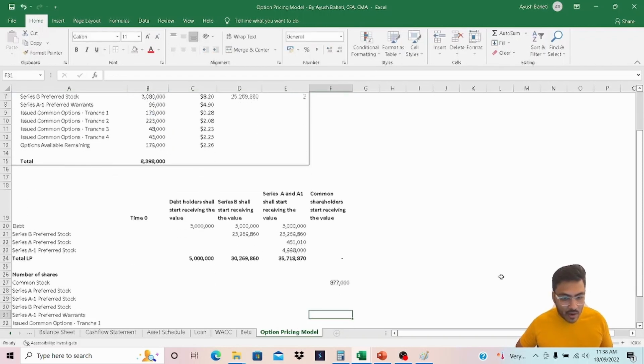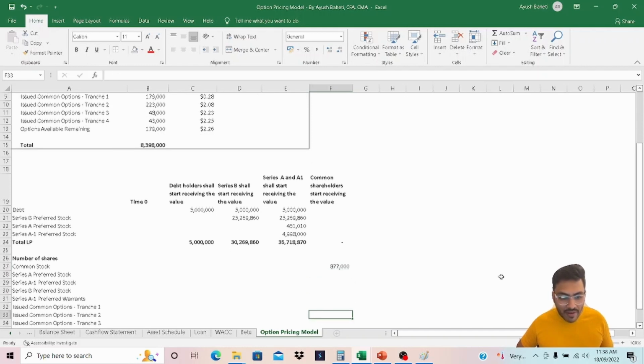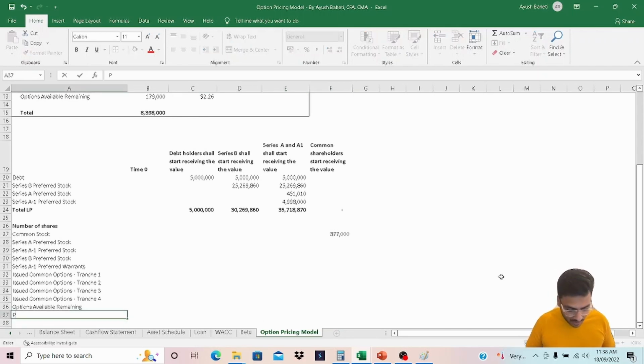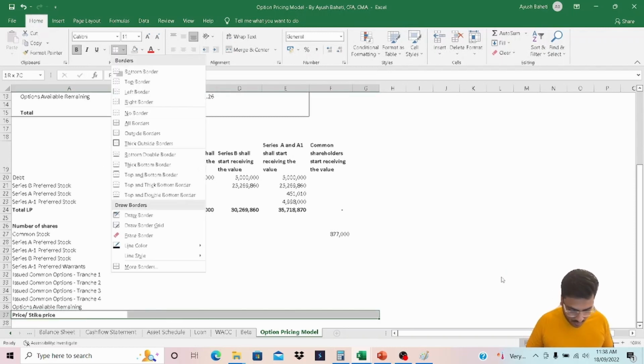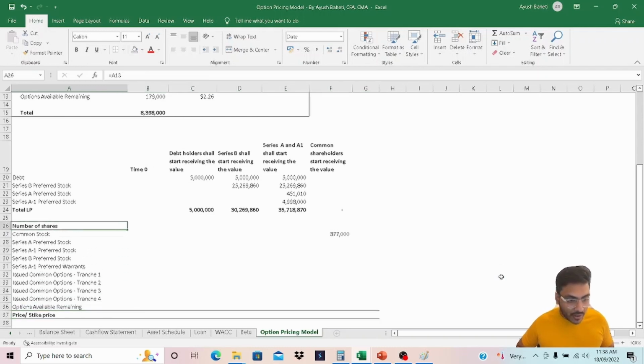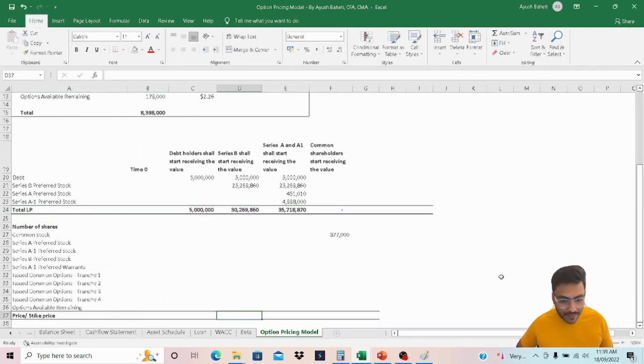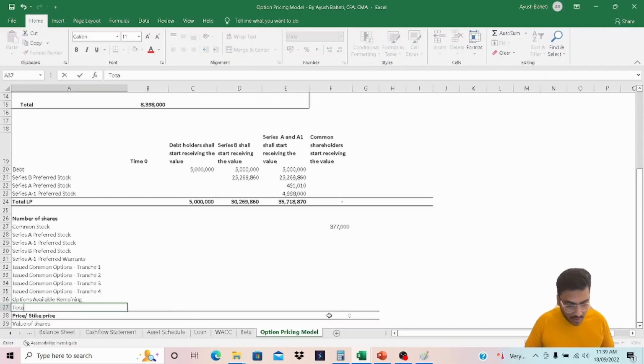Okay. Now we have the number of shares. To calculate the value, all I need to do is multiply by per share value. So I will write price or strike price. Just format a bit so it looks good. What is the price at this stage? We don't know. So let's consider it to be 0. Okay, so I'll calculate total shares over here.